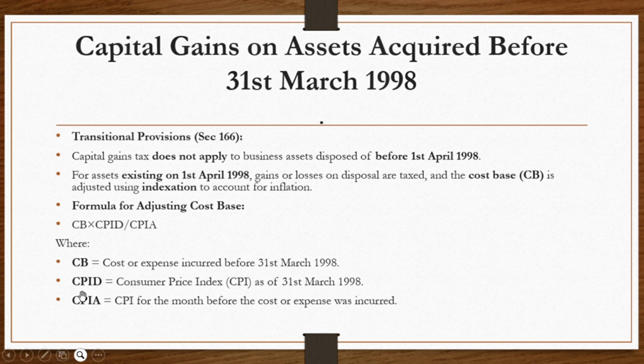Then CPID is the consumer price index as of 31st March 1998, and CPIA is the consumer price index for the month before the cost or the expense was incurred.